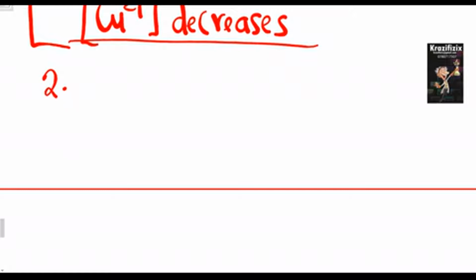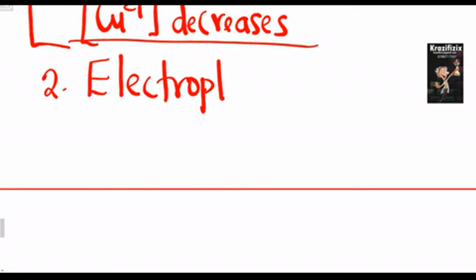Number two, this is an industrial process now, electroplating. This is an industrial process. And why do we electroplate? First, let's understand what electroplating is.